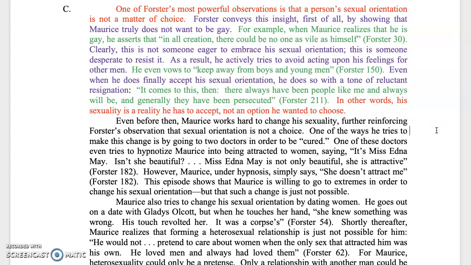So you can see there with the coloration that there's a real intermixture of evidence and analysis. Each piece of evidence in the green is either preceded or followed by an explanation of how it shows the topic sentence point, which is that Forster believes sexual orientation is not a choice.